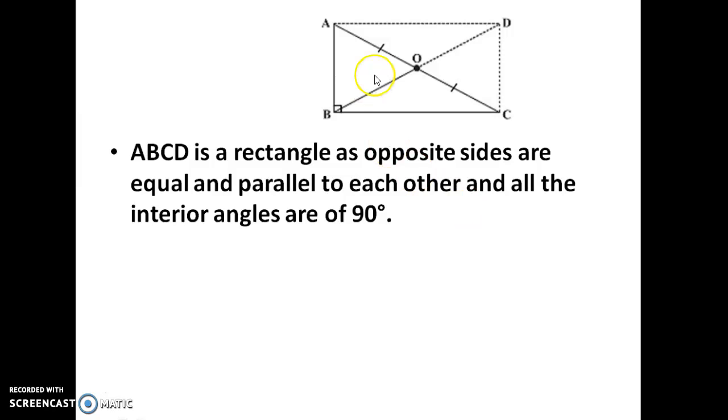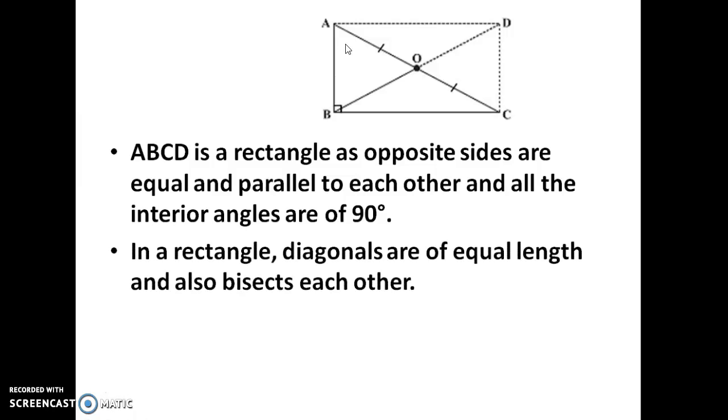After drawing this line, it looks like a rectangle where the opposite sides are parallel and equal in length and the angle formed between two sides is 90 degree. So in a rectangle, diagonals are of equal length and also bisect each other.